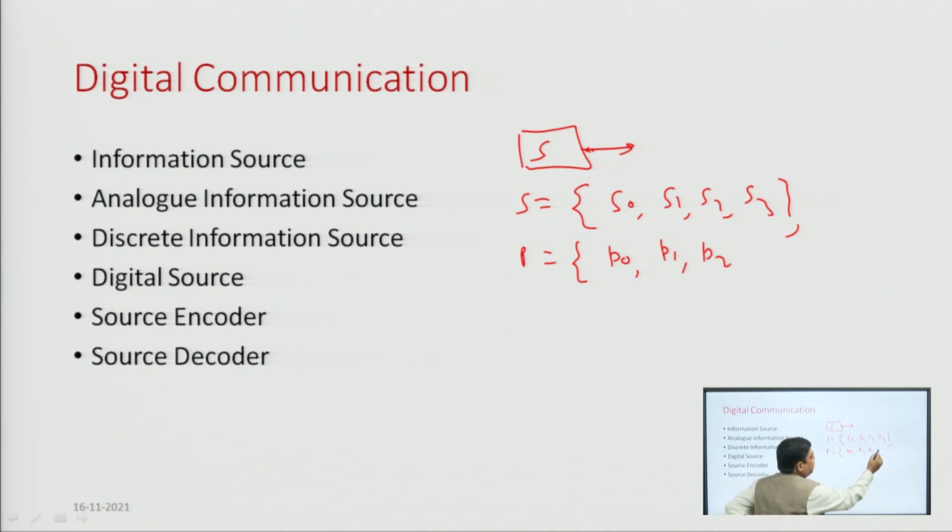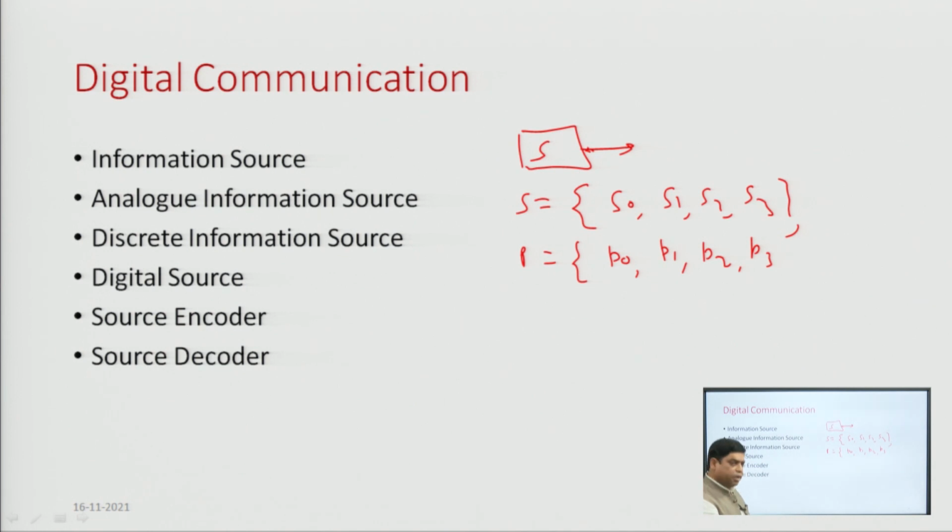Similarly, P 2 for S 2 and P 3 for S 3. These probabilities are used to find the average entropy of the source.